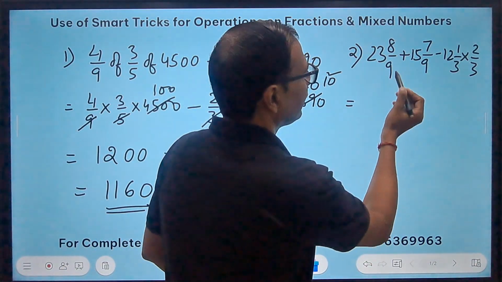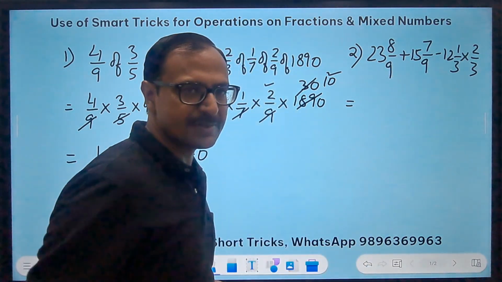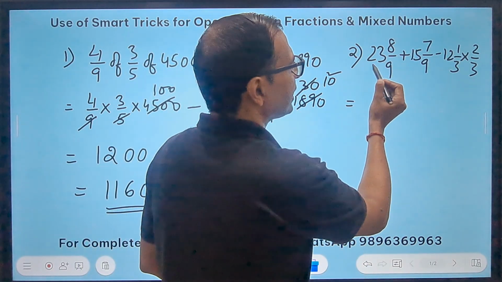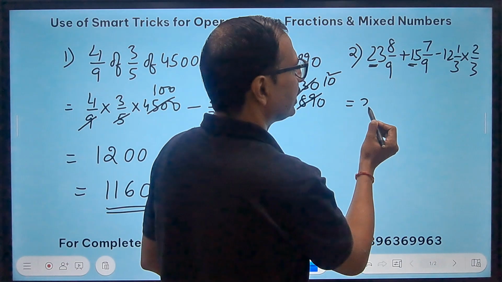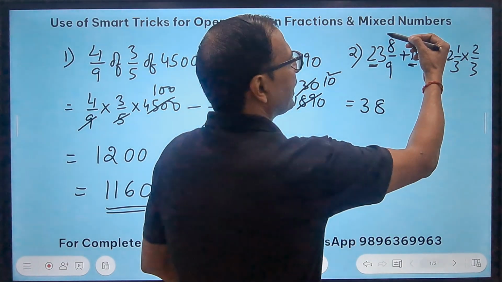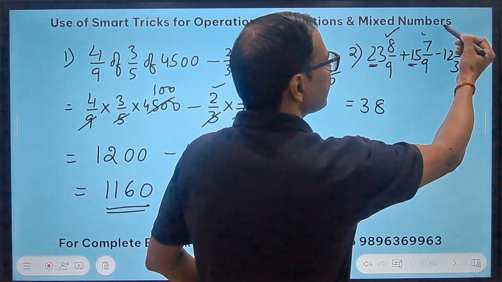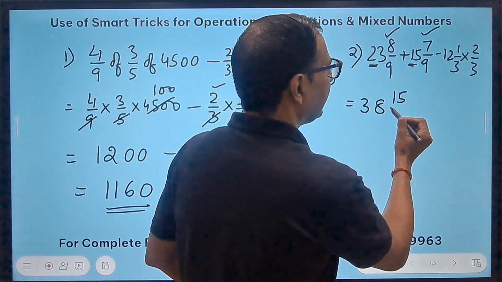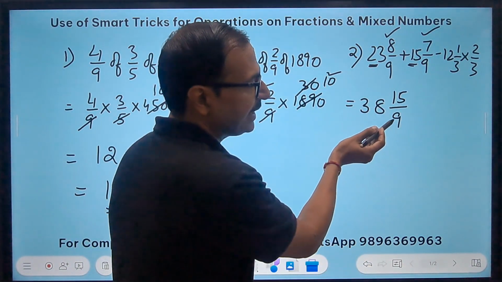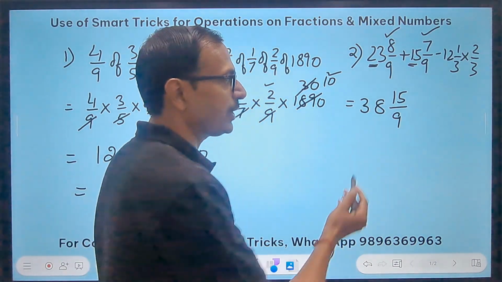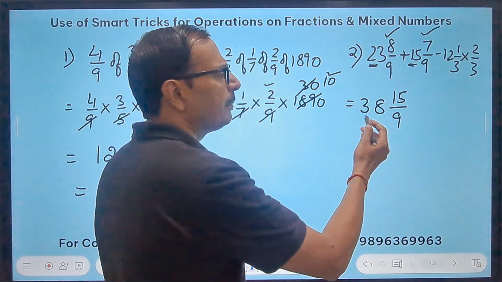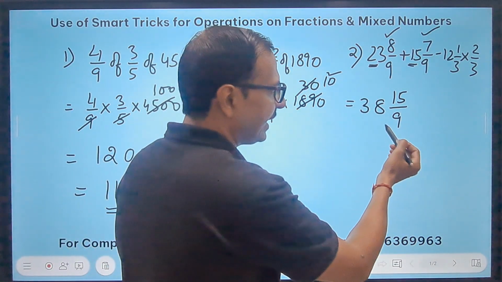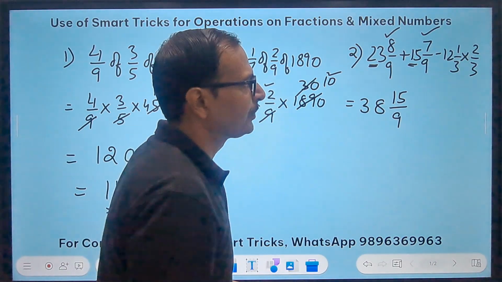If you see, adding these two mixed numbers, you can add the whole number parts. 23 and 15 add up to 38, and the fractional parts 8 upon 9 and 7 upon 9. 8 plus 7 is 15, so it is 15 upon 9. Now although 15 upon 9 is an improper fraction which you can convert to a proper fraction also, I leave it as it is because I just need a 9 in the denominator.